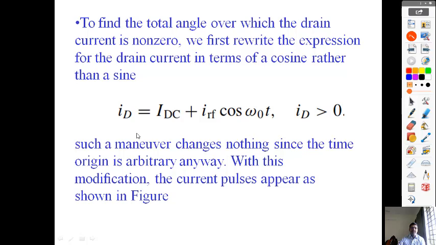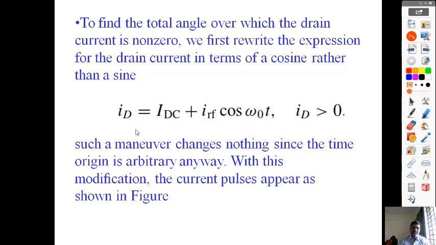Now it can be represented mathematically as ID equals IDC plus IRF cos omega naught t. So the fundamental frequency is not changed, it is still omega 0. Such a maneuver changes nothing, since the time origin is arbitrary anyway.